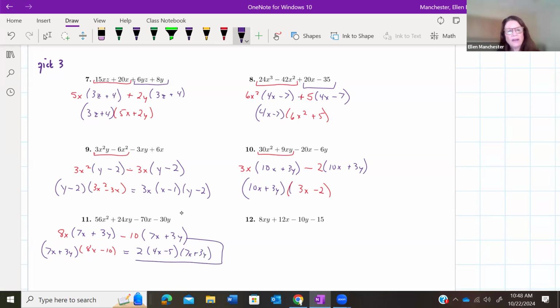So if this was a test question and you left it here, you'd get marked off. There would be some points marked off. So make sure when you simplify to the very last step where you can't simplify anymore.